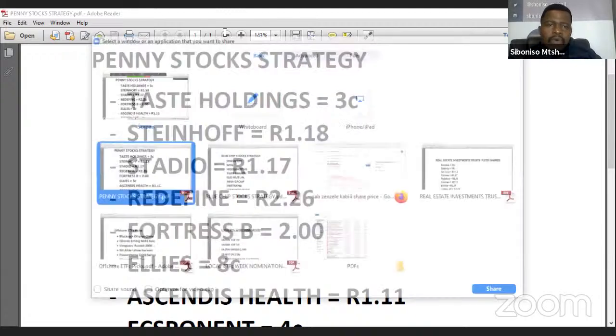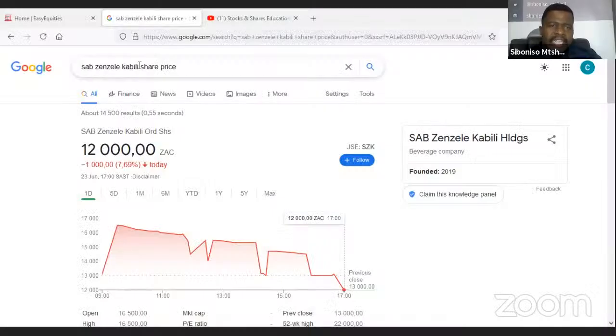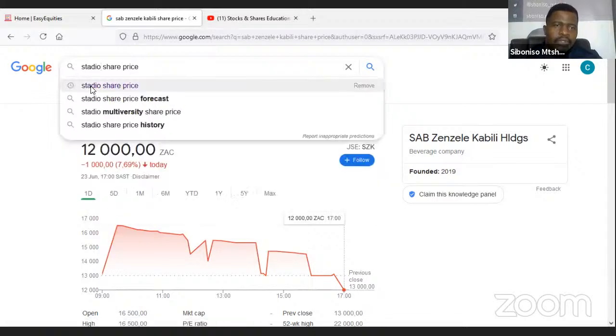Let us check now how much the current price is. All right, let me quickly go to Google with you, so that we get the right price for today.